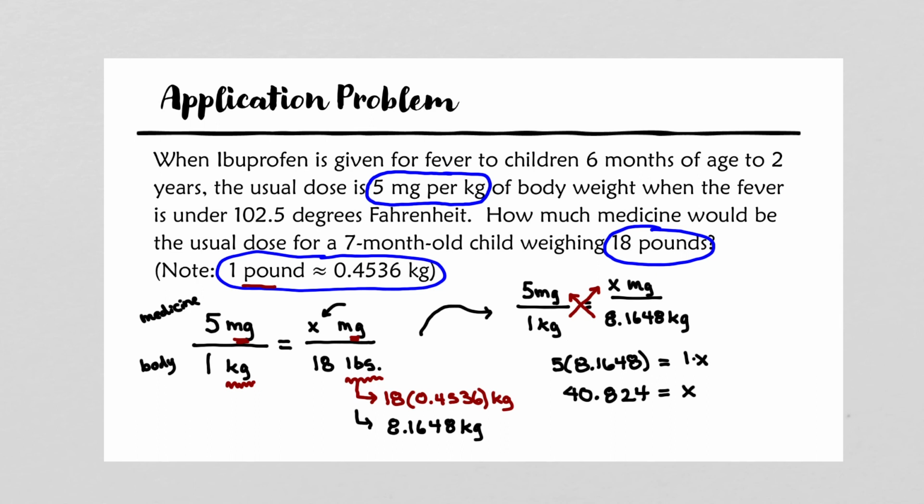X was the number of milligrams, or the dosage of medicine that I needed for a 7-month-old child. I have it finished right here. That tells me that I need 40.824 milligrams, or if we're rounding to the nearest milligram, that would be 41 milligrams of medicine for our 7-month-old child.